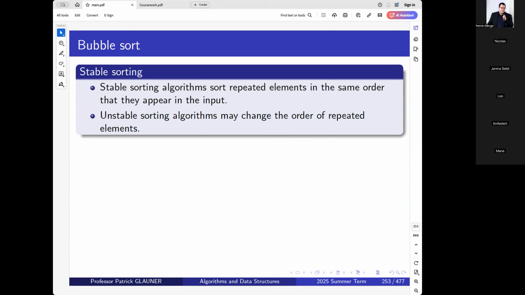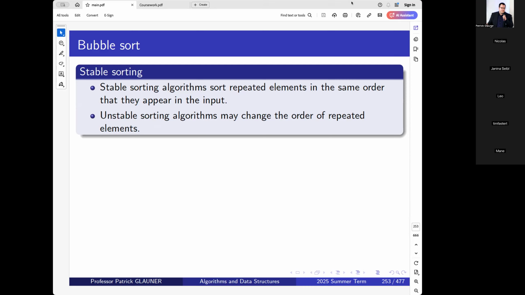If we had multiple 2s in there, so we had repeated elements, then we would actually wish that we preserve that order of the elements that have the same value. Say we have a 2 somewhere in the data set and a 2 later. We want to keep them in that order. We want to sort, but we want to make sure that the first 2 will also be before the second 2 in the result. We don't want to mix them up.